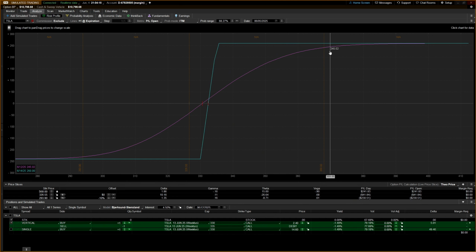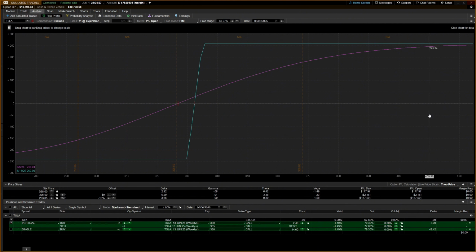However, you see here, if Tesla gets far enough away, even let's just say tomorrow, for some strange random occurrence, it decides to go to 420 tomorrow, and you're in this spread, you could potentially grab max profit, even though you still have 8 days to expiry.